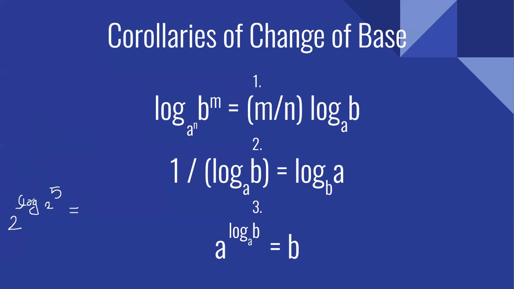First of all, let's look at the base. If we ignore the logarithmic part, this is an indicial expression in the form of 2 raised to x. So the base here is 2, and the base in the logarithmic part is also 2. Since the bases are equal, the answer is the argument which is passed with the logarithm in the power. So the answer is 5. So this is the third corollary of the change of base theorem.